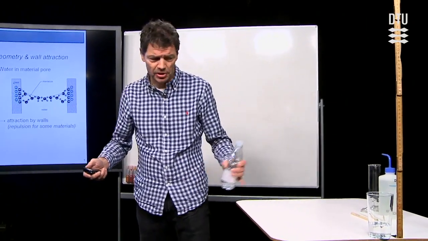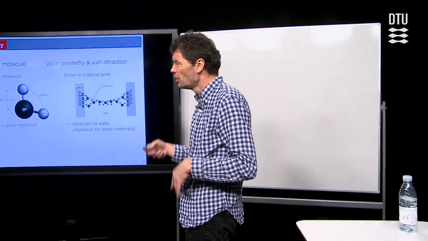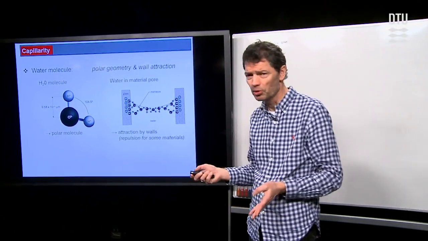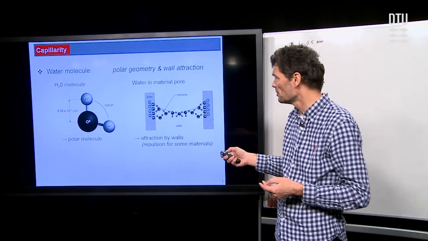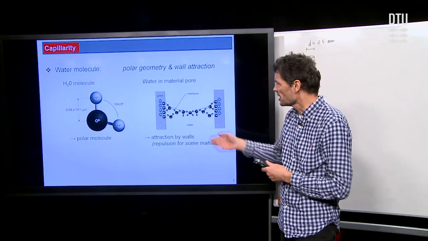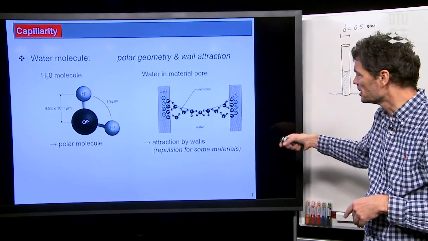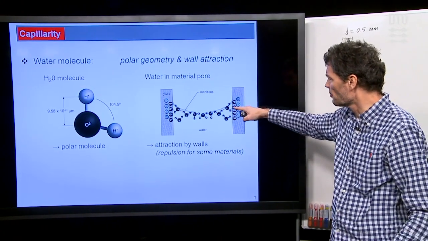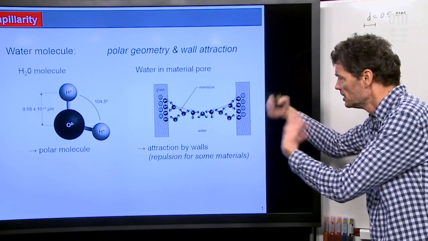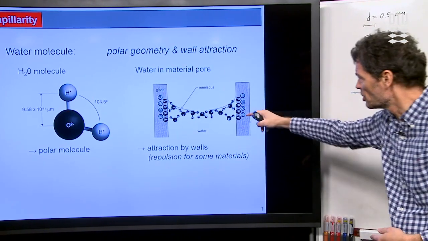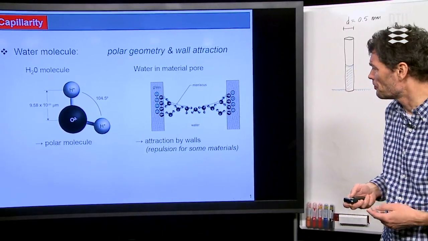So to start the lecture, we can see on the slides the water molecule, which is a small, polar molecule, so it has some electrical intermolecular forces with other materials. On the slide we see how the water molecules interact with the glass. The attraction forces, the adhesion between the water molecules and the glass, mean that we have a drawing up of the water surface along the glass edge.